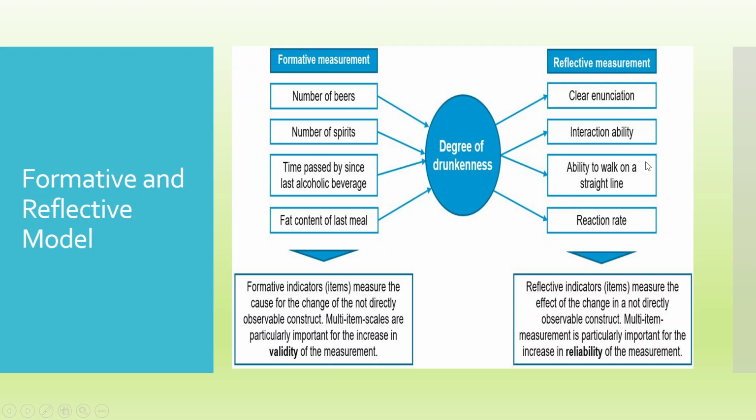The statements can be replaced here very easily. But when I replace the statement here, the overall validity of the instrument will change. And therefore, replacing the statement is not as advisable in case of formative model. You can very well replace or substitute the statements in reflective measurement.